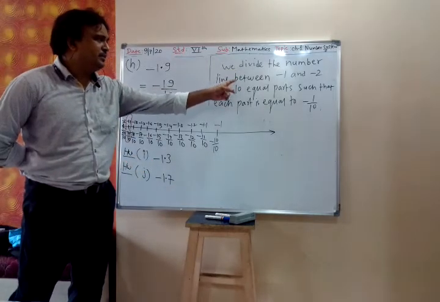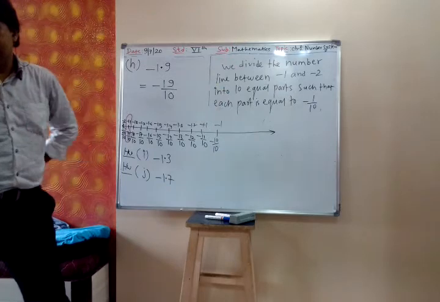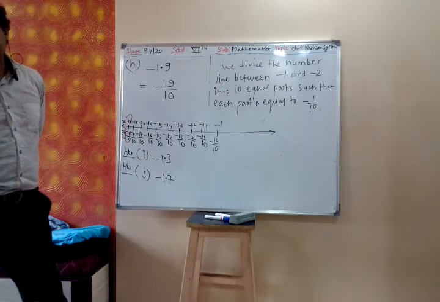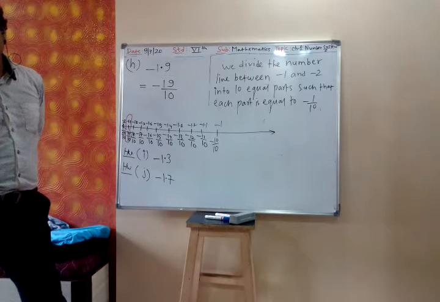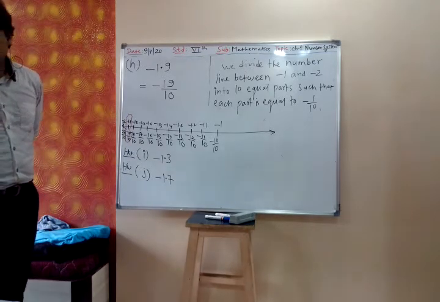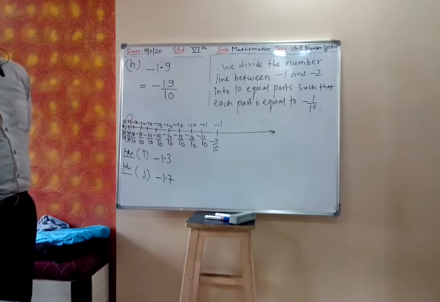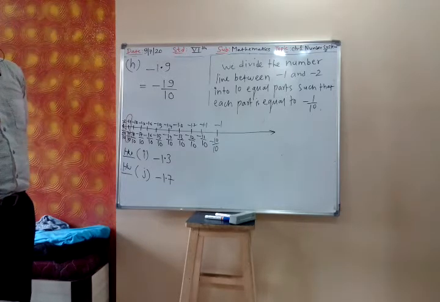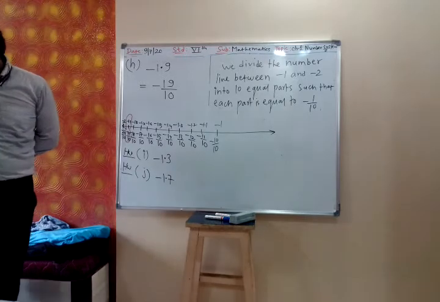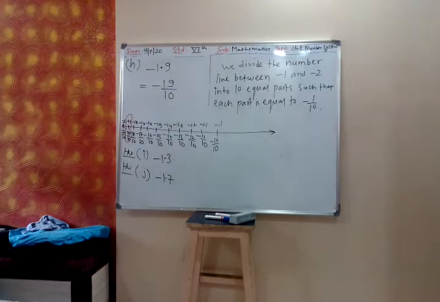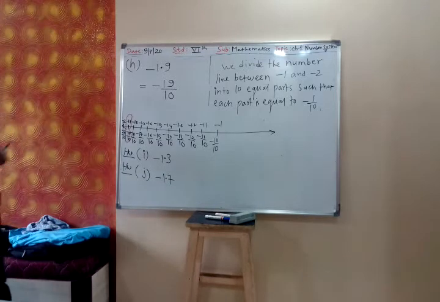This is the explanation part. You have to write. I and J both are homework.